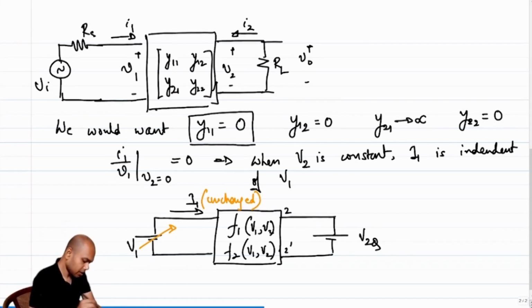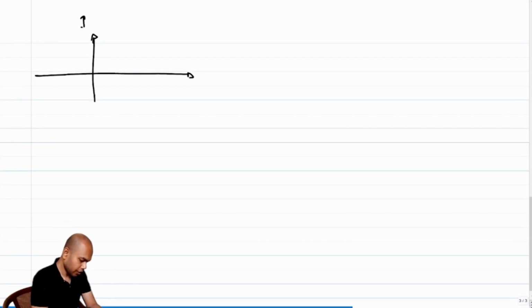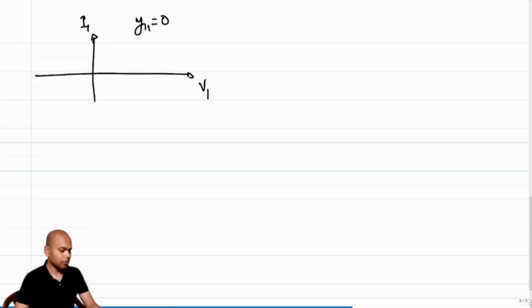So what will be the current voltage characteristics of I1 with respect to V1? So if I sketch, for y11 equal to 0, what does the current voltage characteristic of I1 and V1 look like? y11 equal to 0 means the derivative of I1 with respect to V1 is 0, right?